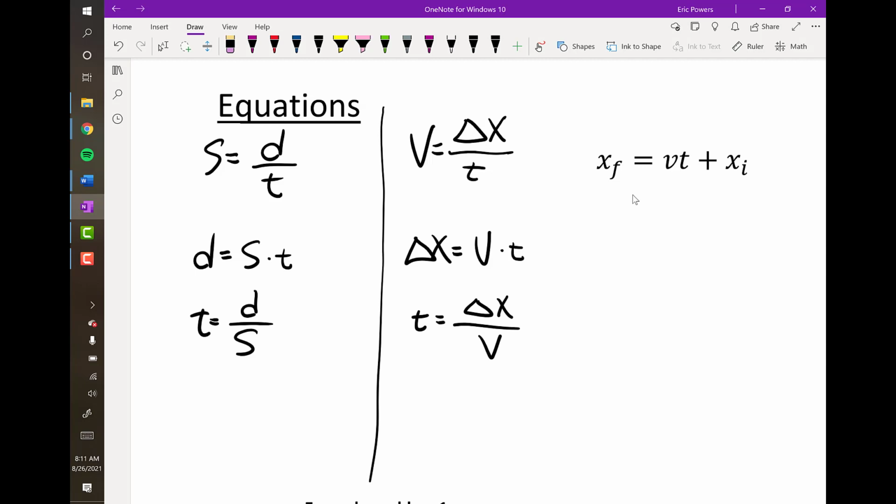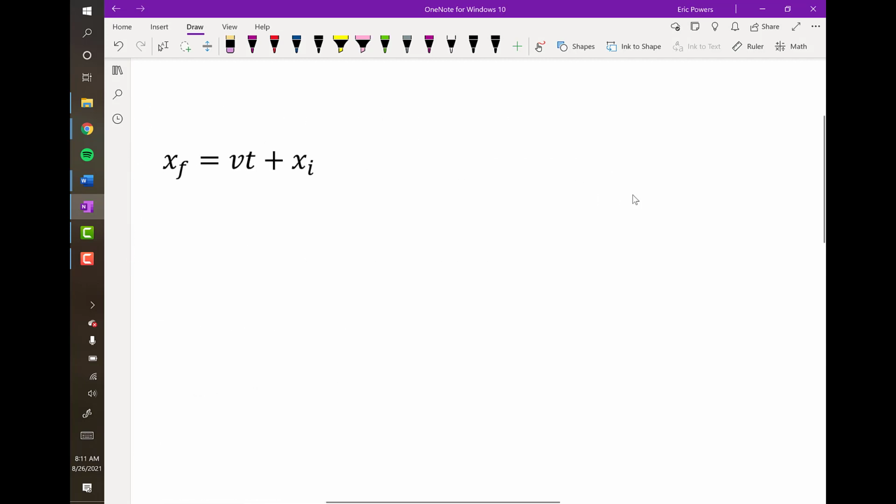We're going to use these to solve several different examples here, and I'm going to walk you through. But first, there are certain steps that I always want students to show. Step one, list what you know.